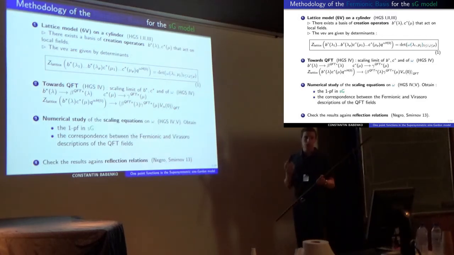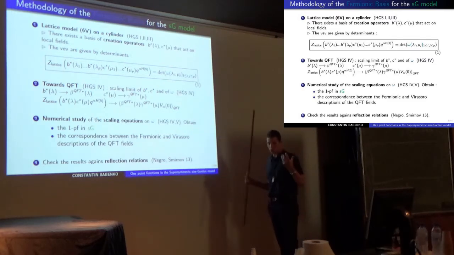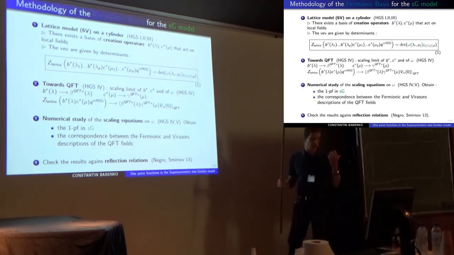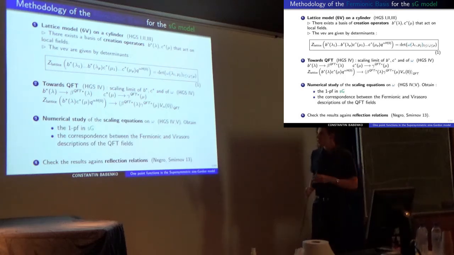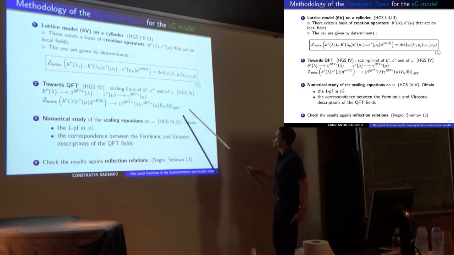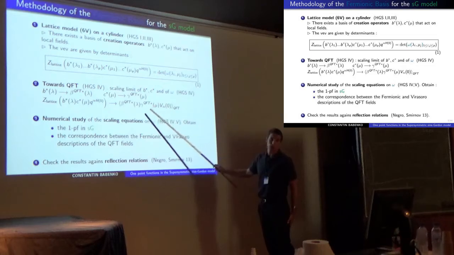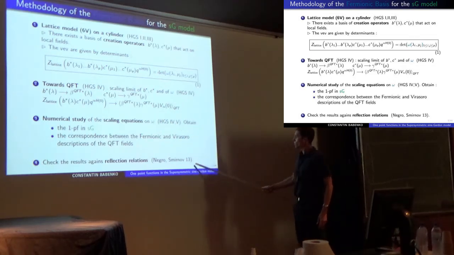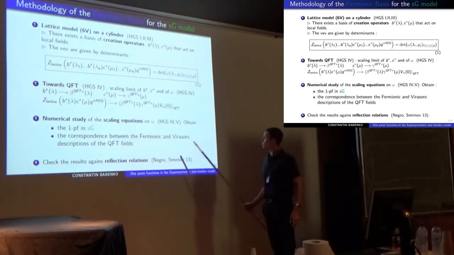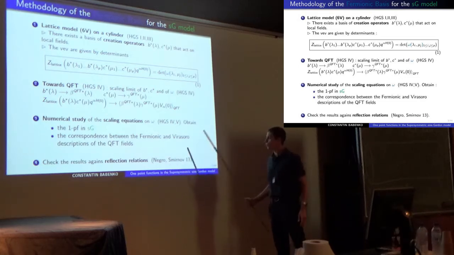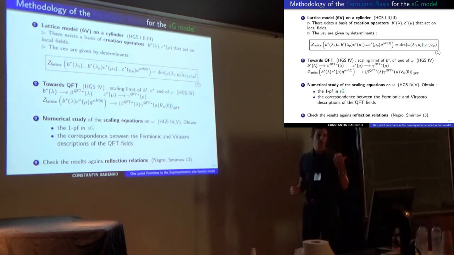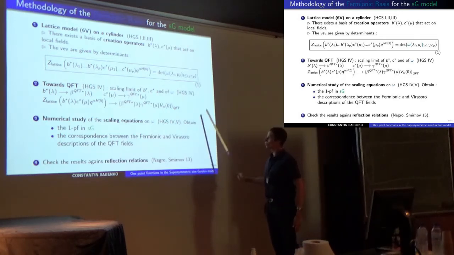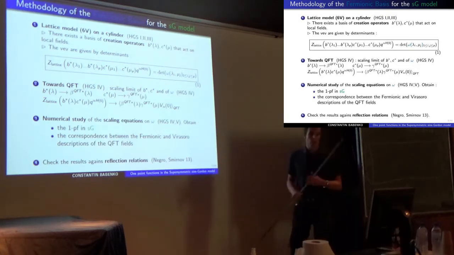So now you understand that if you have a scaling equation on the function omega, that is, if you can get the behavior of omega at the level of the QFT, then by a numerical study you could access such a quantity. And then in 13, there was a last step in this procedure done by Negro and Smirnov, which used the compatibility of the reflection relation and the fermionic basis to somehow recover independently this last result.